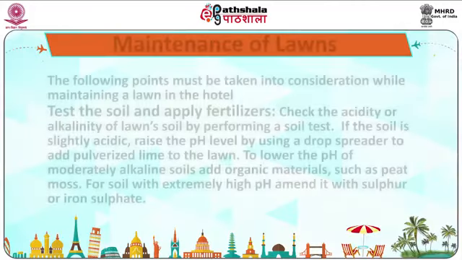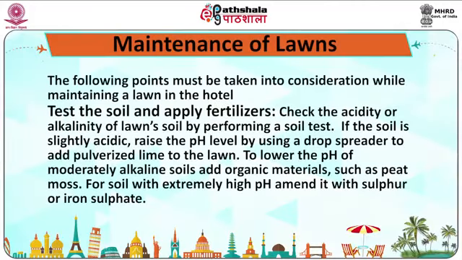There are some points which must be taken into consideration while maintaining a lawn in the hotel. First of all, the gardener must test the soil and apply fertilizer accordingly. Check the acidity and alkalinity of lawn soil by performing a soil test.